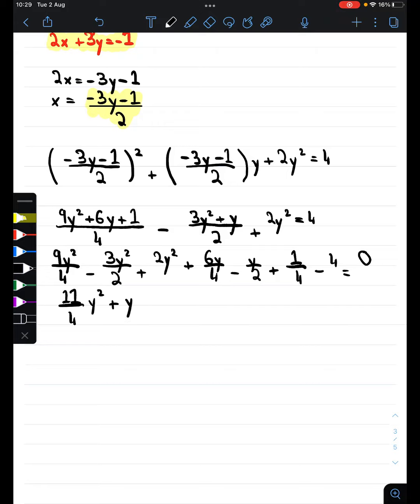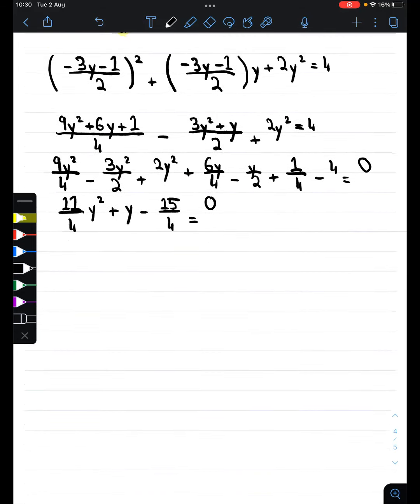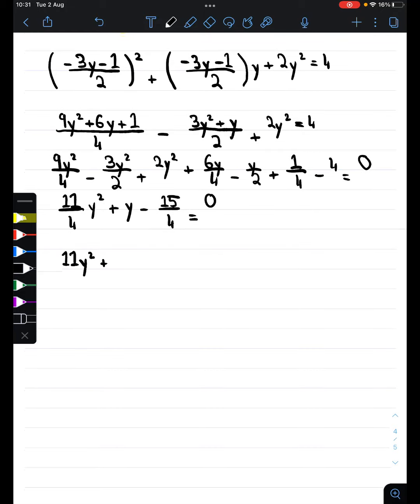And then 1/4 minus 4 is just minus 15 over 4 equals 0. So we can simplify this further by multiplying across by 4, and we'll get 11y squared plus 4y minus 15 equals 0.